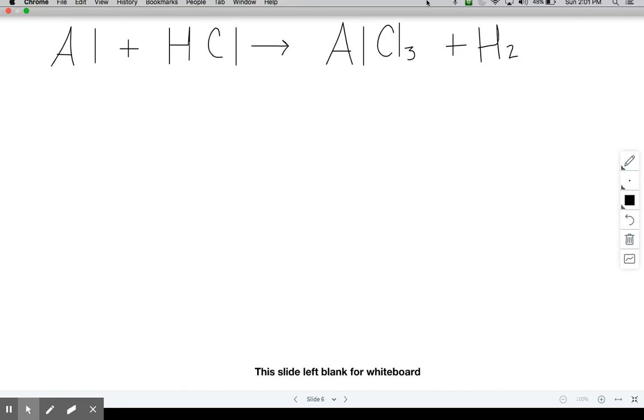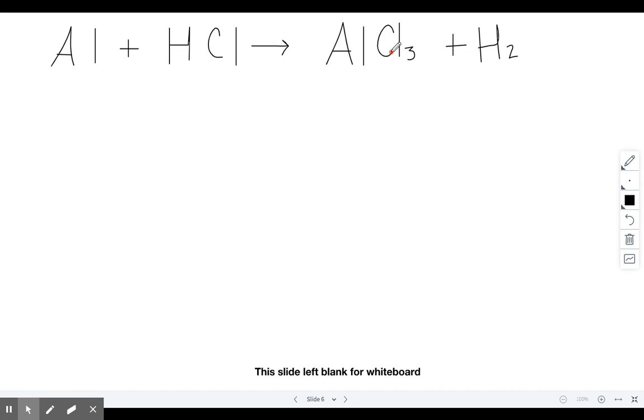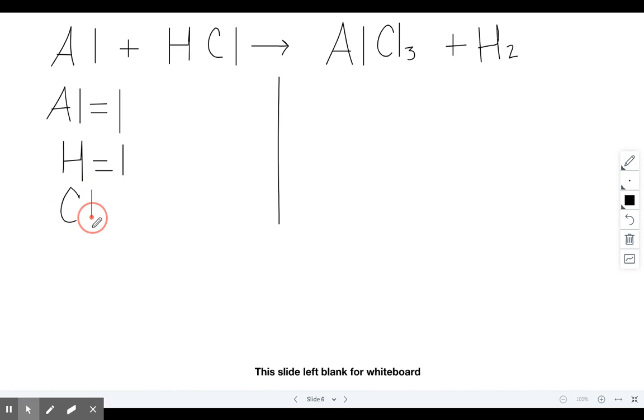It's going to react and produce something new, aluminum chloride and hydrogen gas. Sorry about that cough. So I want to count my number of aluminum, and I just have 1. Then I count my number of hydrogen. I also have 1. And then I count the chlorine. It also has 1. No one has subscripts on the reactant side, so everything's a 1.